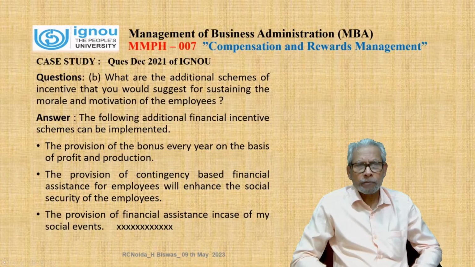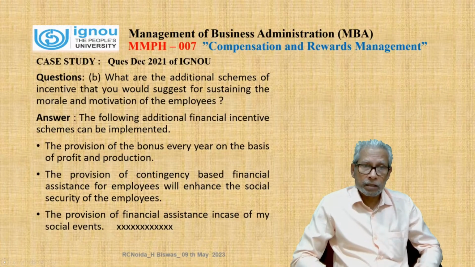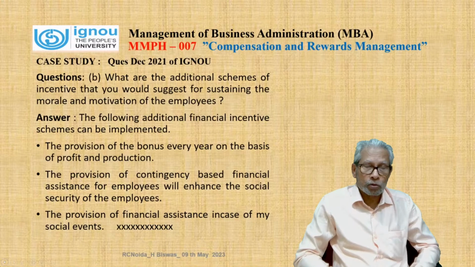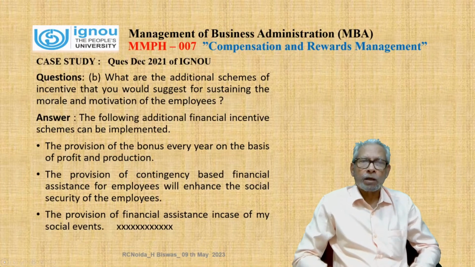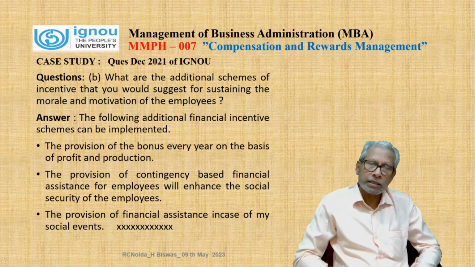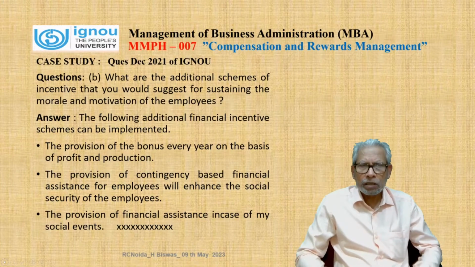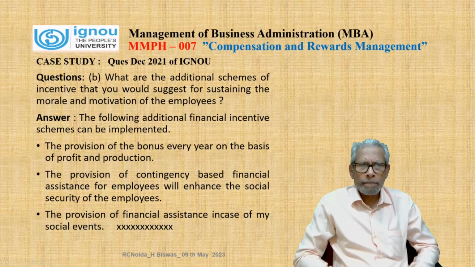Or, for example, one of the employees' children is a topper, with a very good score. So the company should give some award, some money, so that it can motivate the employees and their children to go further in their careers. So this is the additional motivation part which I have seen from this paragraph.